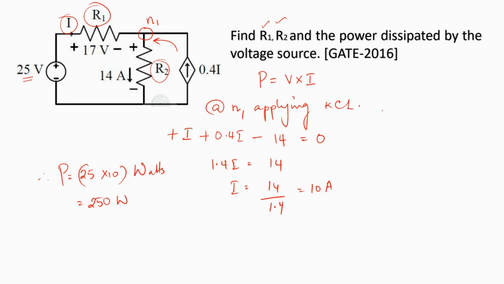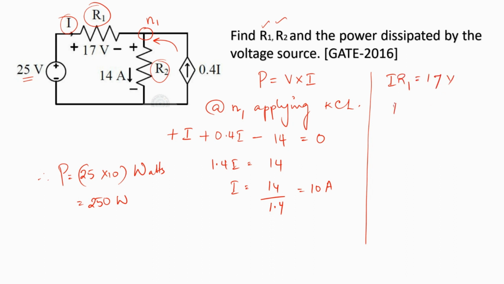With that, the problem that was asked ends. But we can also go ahead and compute the values of R1 and R2. In order to do that, let's look at the drop over here. The drop across R1 is 17 volts. Now we can apply Ohm's law. We can say that I into R1 is actually 17 volts.